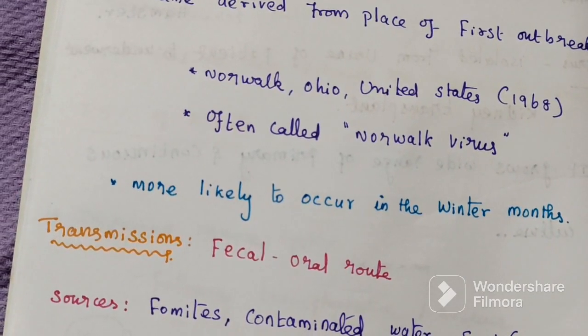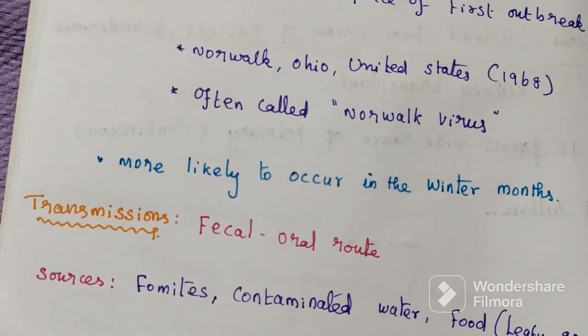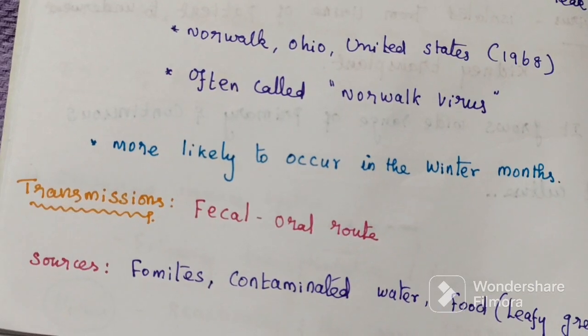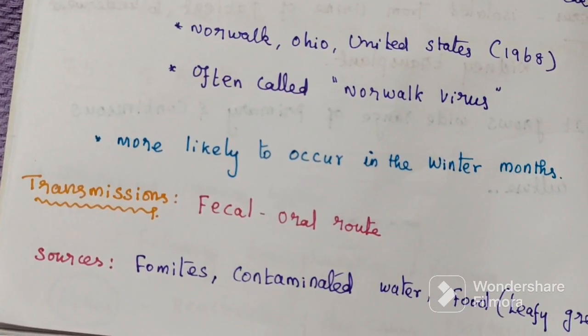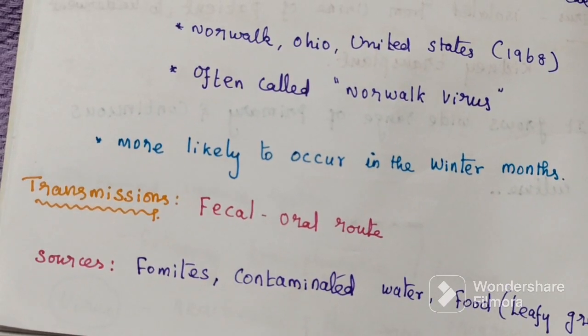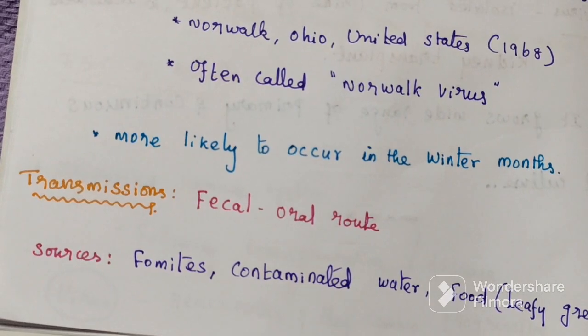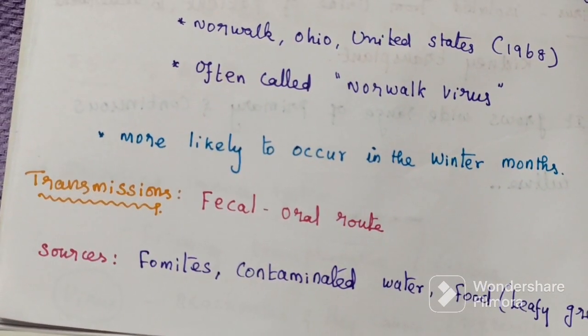How is norovirus transmitted? It is transmitted through the fecal-oral route. Family members with a similar illness can easily pass it along to others.